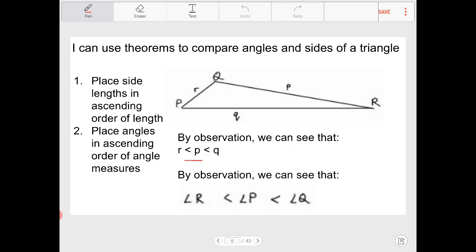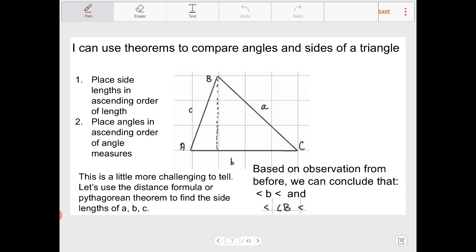And again, notice that these correspond in this manner. It is no coincidence that the largest angle will be opposite of the longest side, and vice versa. The shortest side will be opposite of the smallest angle.